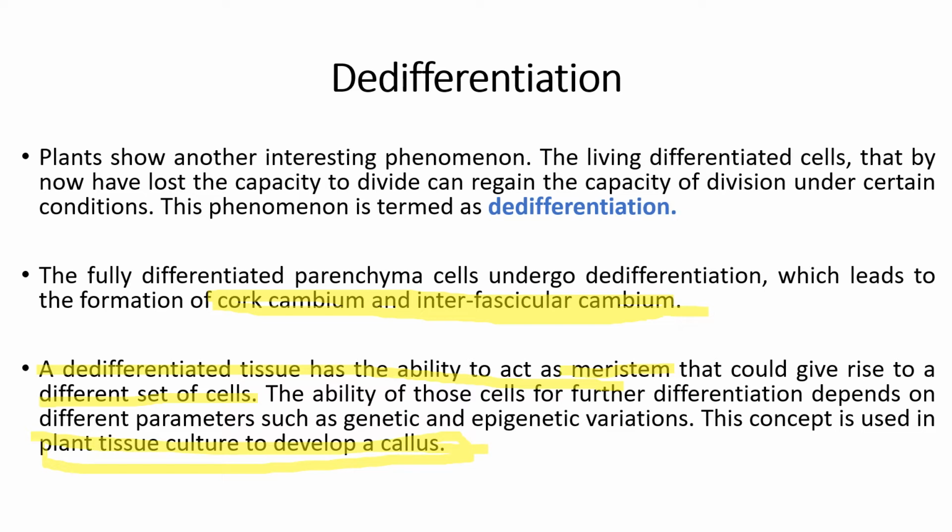Callus is basically a group of cells which is formed in the PTC labs. In practical life it is used in PTC to develop the callus, and after this they form a plant from it. So this was all about the de-differentiation process.